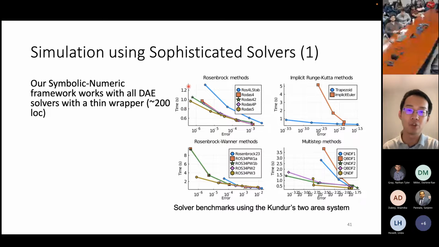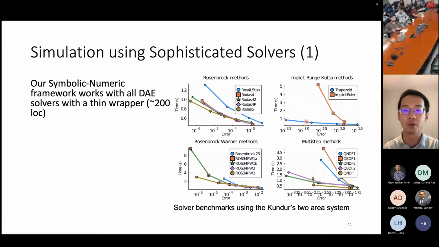The plots here show the performance of four different families of solvers. The error is smaller on the left-hand side, and to achieve smaller error, the computational time is usually larger. First we look at the trapezoidal method, which is in the upper right.